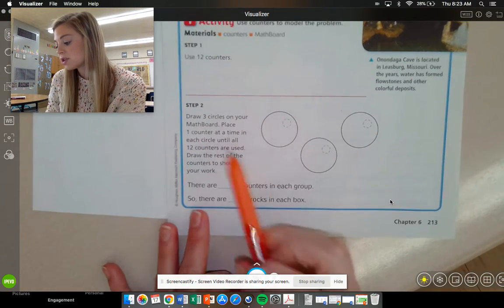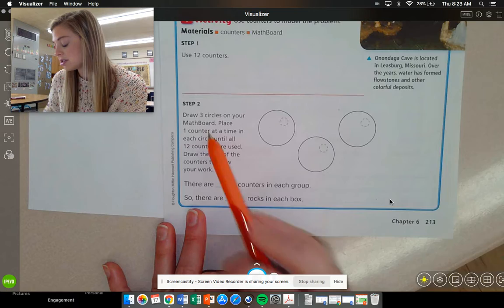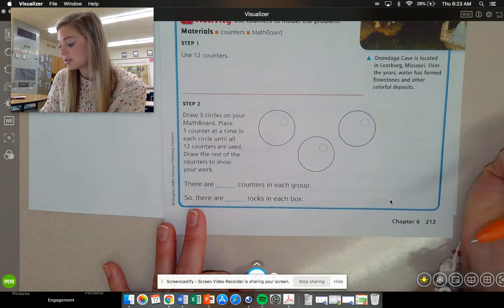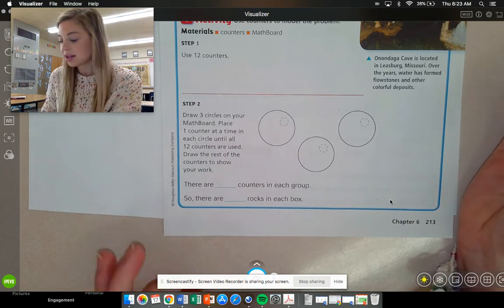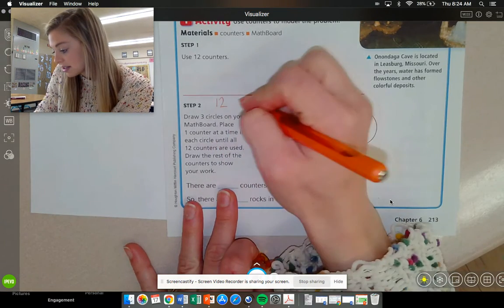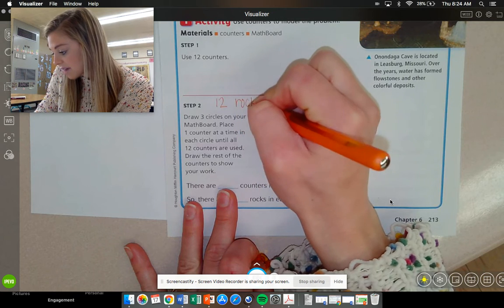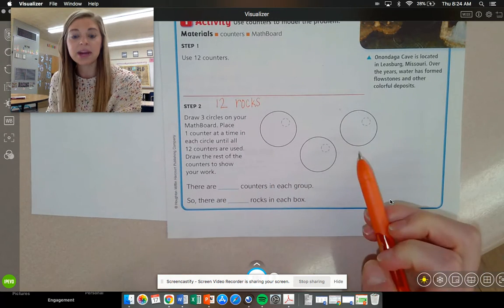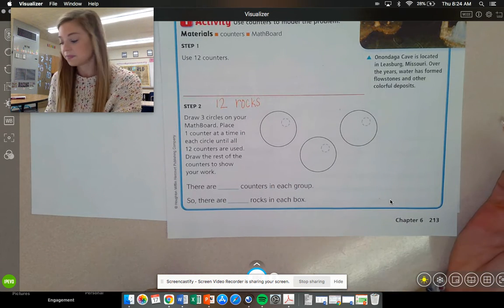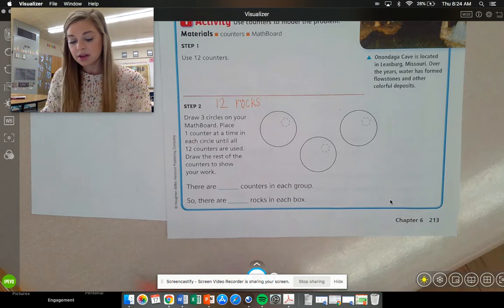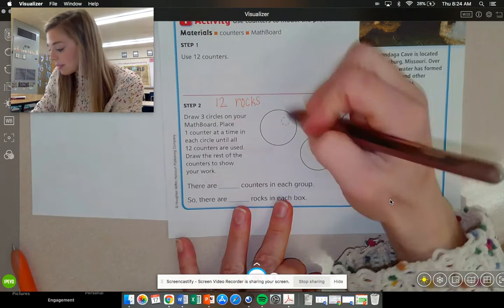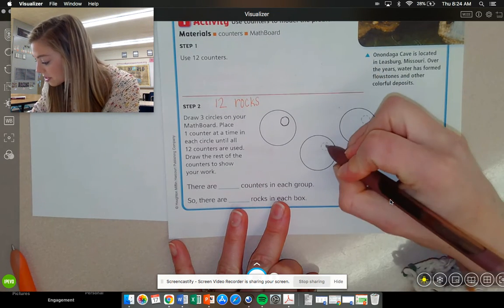Step 2, draw 3 circles on your math board. So they've already drawn these 3 circles. So basically what we're doing is we are taking the 12 rocks and dividing them up into 3 groups. So we have 12 divided by 3. That's the problem that we're doing. So I'm going to just trace over what they already did.